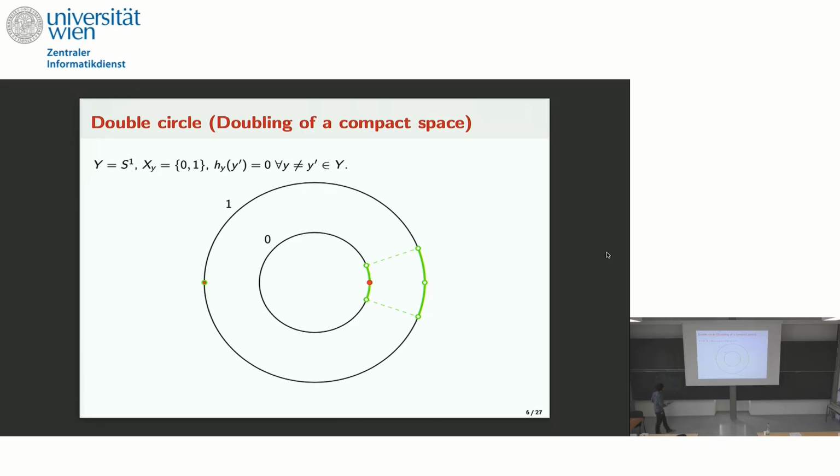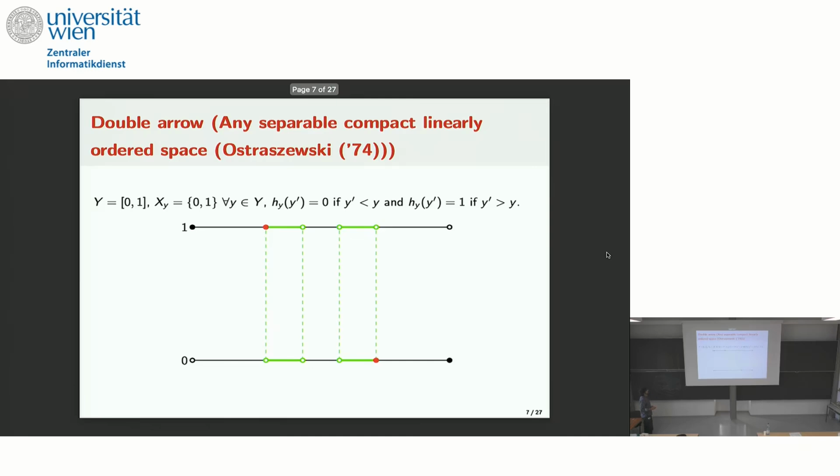Spectral height will be the length of the inverse system that gives you the compact space. Another classical example, the double arrow space. And something that I learned yesterday from Professor Marciszewski's talk is that any separable compact linearly ordered space is also a Fedorchuk compact of spectral height 3. The construction that he showed us yesterday is exactly a resolution.